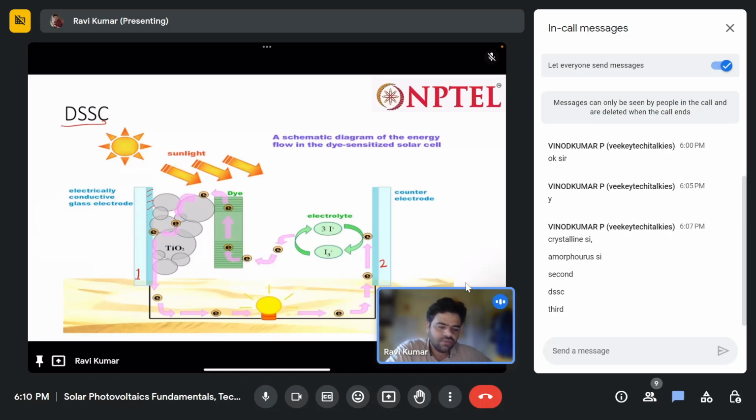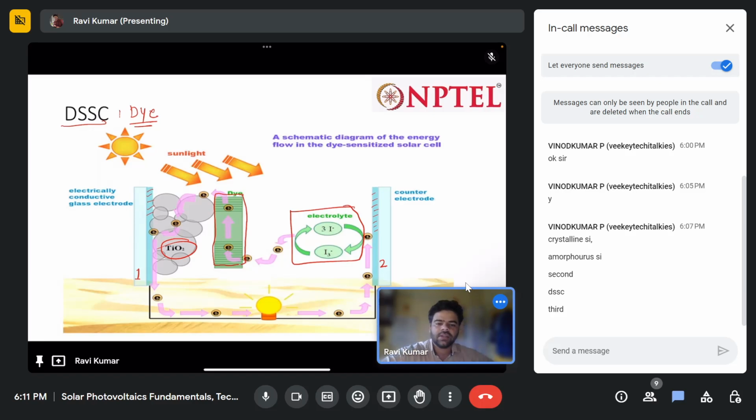Similarly, for the counter electrode, we have glass and then a conductive layer. After that, we need a dye. The third component is titanium dioxide, and I'll tell you the working of all these components. And the fourth one is the electrolyte. So these are the important components of the dye sensitized solar cell.